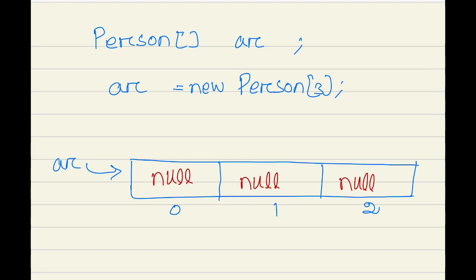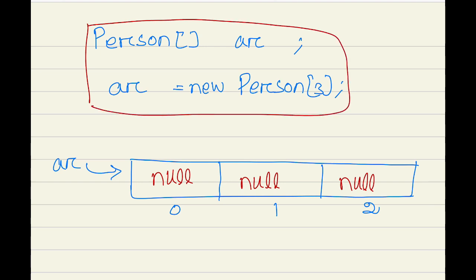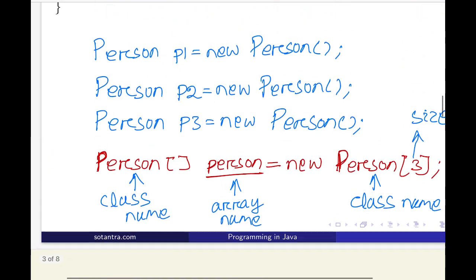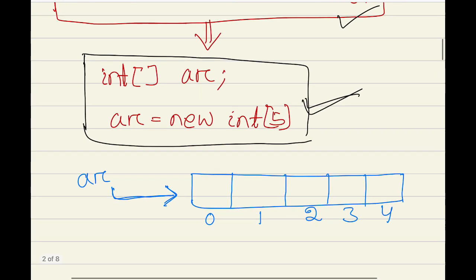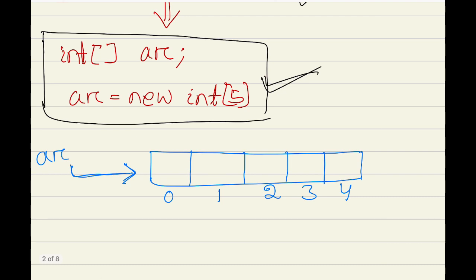So why null? Because using these 2 statements, the array is created but the individual objects are not created. So we need to create the individual objects. It is not like primitive types. In primitive types, like we have discussed here, once we create the array, the individual elements are initialized to 0, as it is of type int.